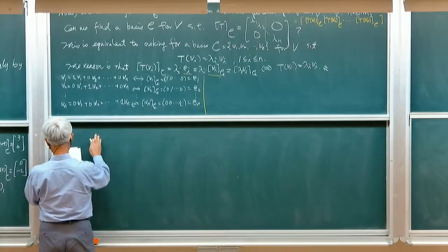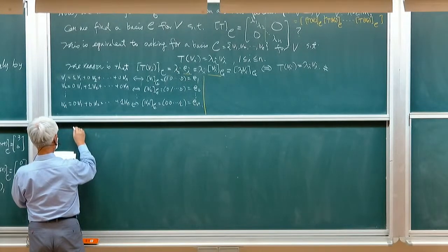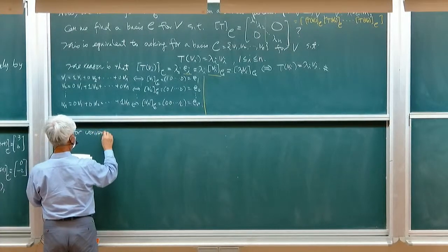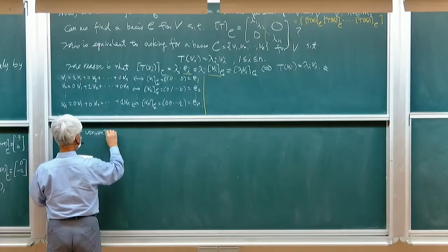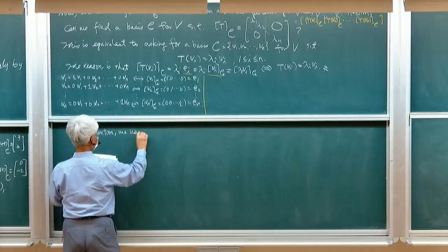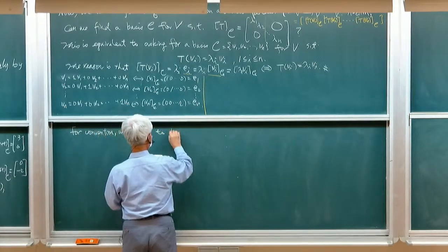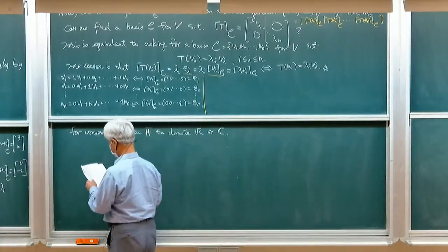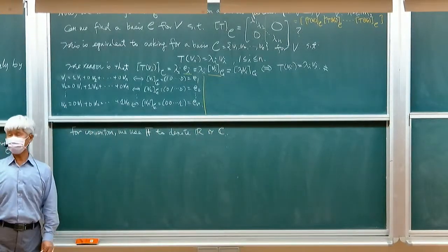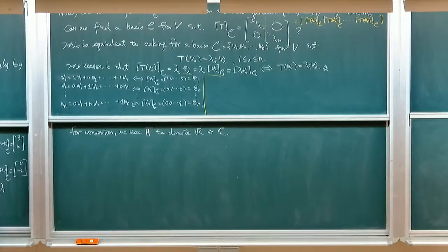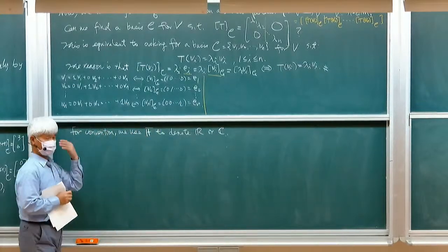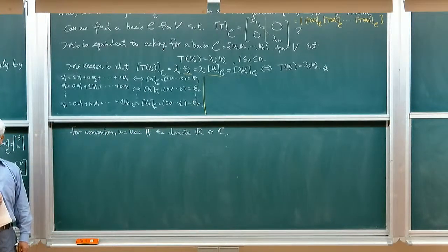Okay, so now we define. Again, for convention, we use F to denote R or C. If the result applies for R or C, then sometimes I just don't mention the scalars.